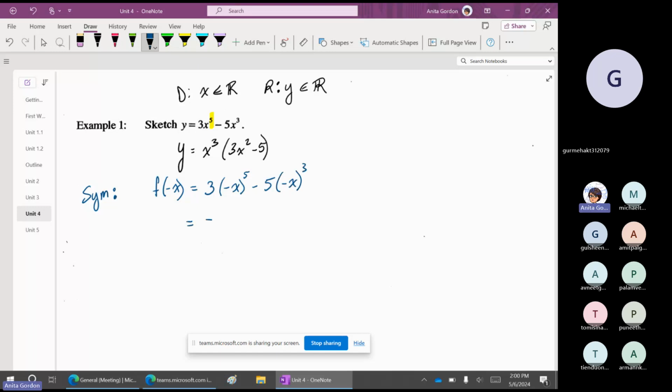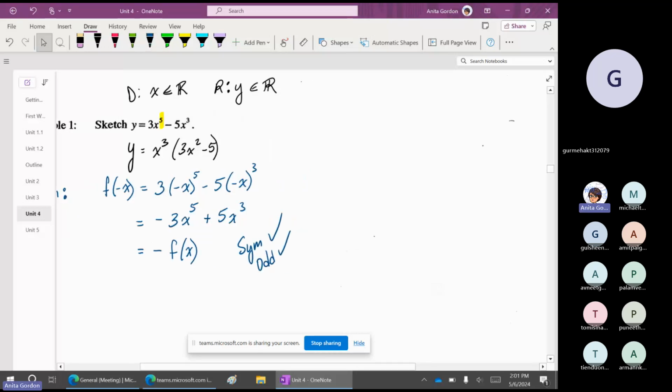This will give me negative 3x to the 5th plus 5x to the 3rd, which is the same thing as the negative of the original function. So we do have symmetry, and it is odd. So it's going to have some kind of symmetry where whatever the right side does, the left side will do in the negative. So it has something like this.